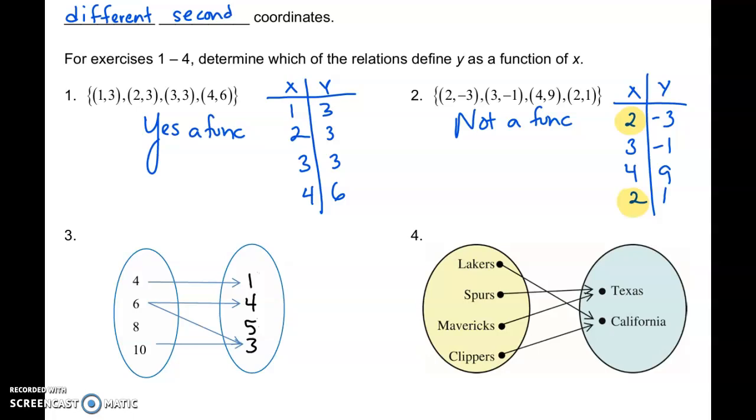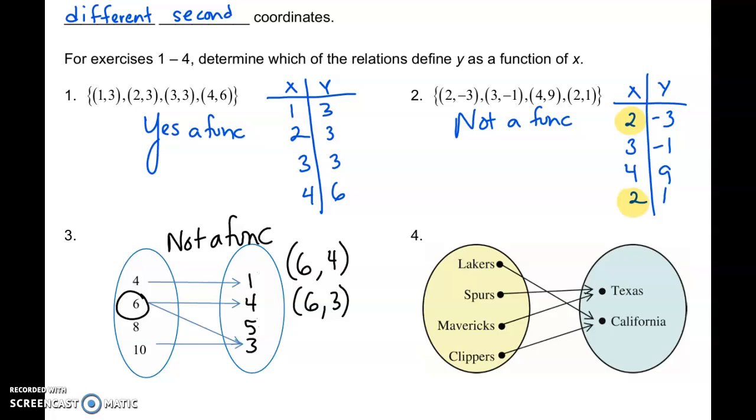That's okay. 6 pairs with 4 and 3. That's where the problem is. The first coordinate cannot pair with 2 different y values. If I wrote these as ordered pairs, the 6 would pair with 4 and 6 would pair with 3, and I have the same first coordinate pairing with different y values. The 10 pairing with the 3 is fine. So this would not be a function.